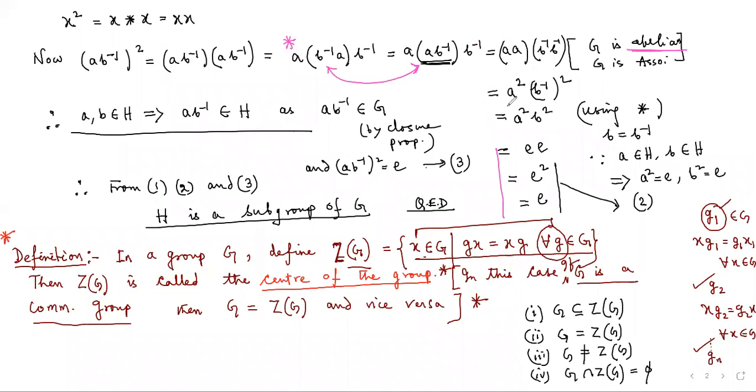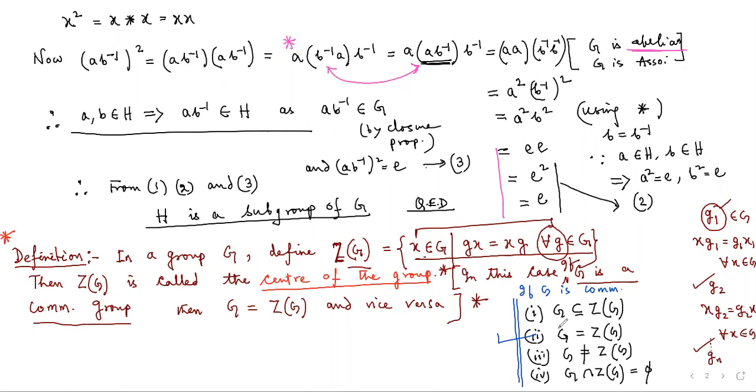Suppose in the examination, the examiner is setting this question and he is asking you which of the following statements is correct if G is commutative. I'm pretty sure that all of us are going to tick that.